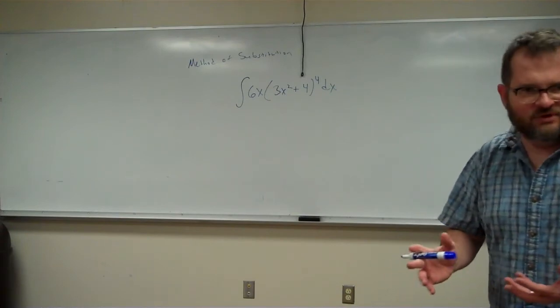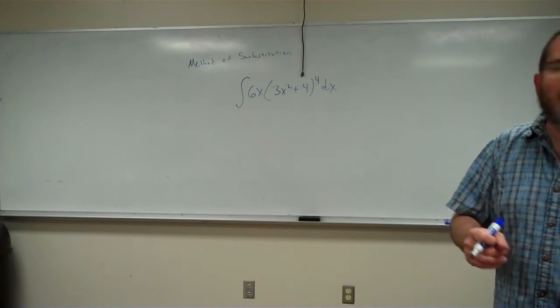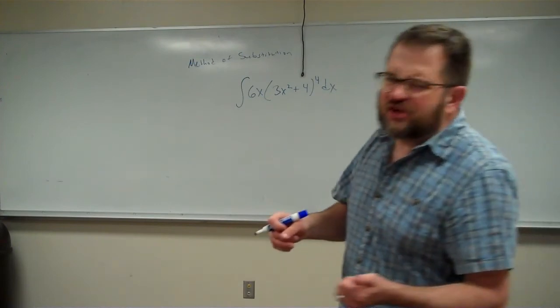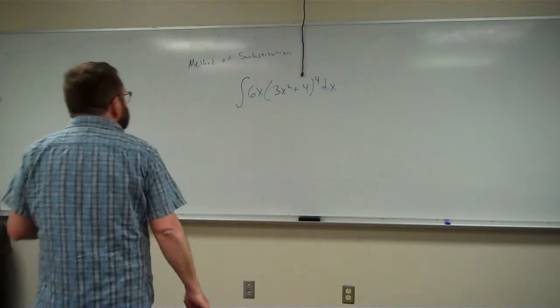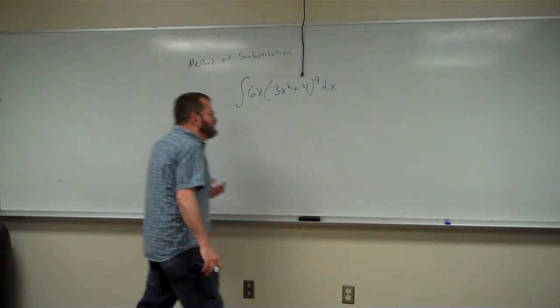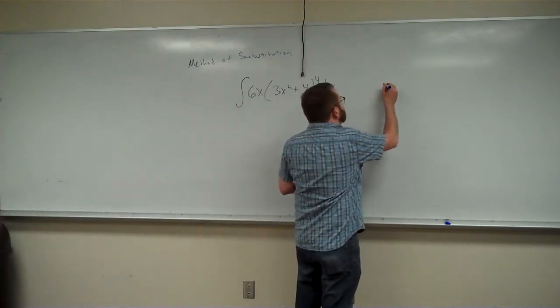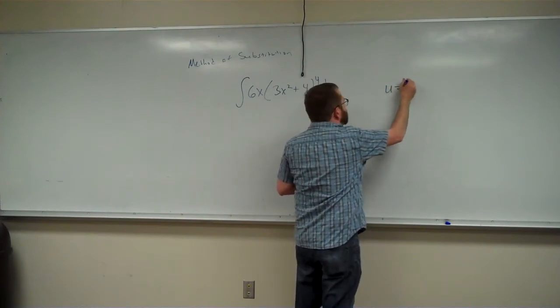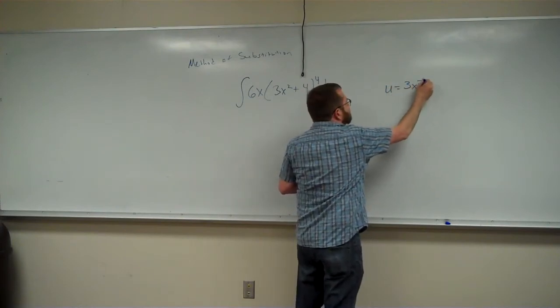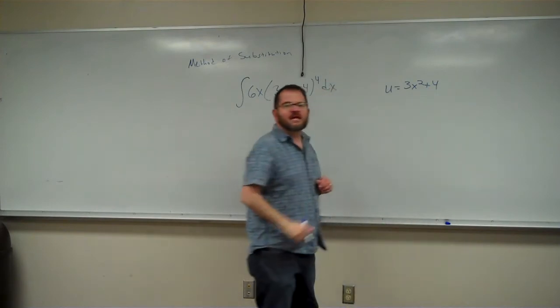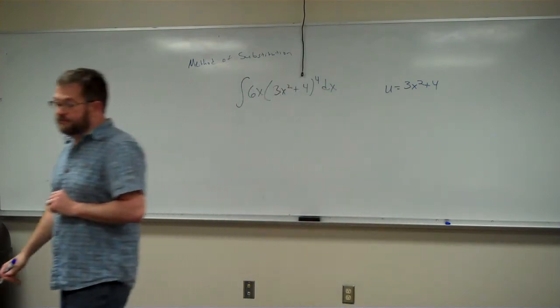Factoring, when you did factoring, to some extent, it's trial and error. And the same is true generally with these, but we can start finding some patterns. But for this first example, let me just tell you that I want u to be equal to that part that's in parentheses, 3x squared plus 4. That is my substitution.